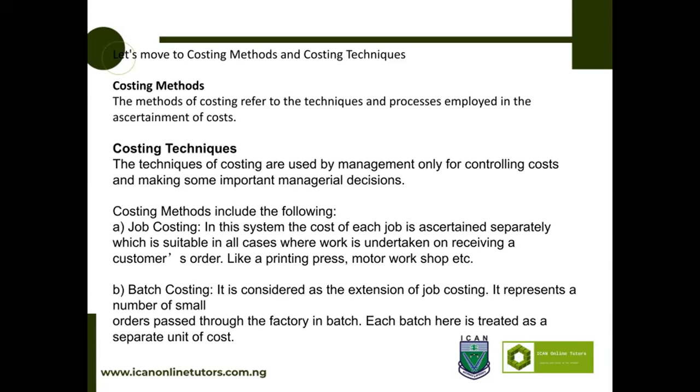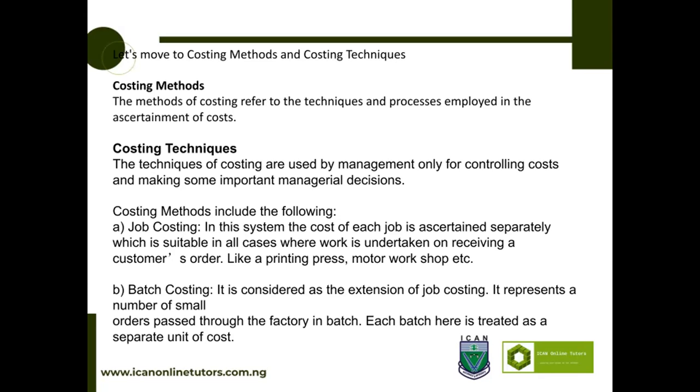If you are going to school, let's say you are in 200 level, we will be giving you 200 level courses. We cannot be giving you 500 level courses. You request 200 level courses, you are served 200 level courses. This occurs when a customer needs an item and requests it, and you produce it. We call it job costing.